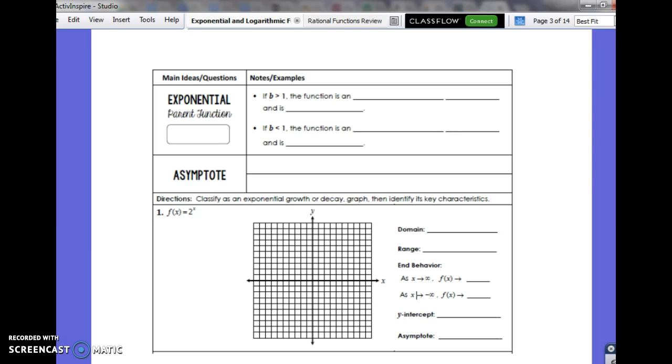Okay, so exponential functions. The parent function that we're going to use is y equals a times b to the x power. Okay. So when you deal with exponential functions, x is in your exponent. B is your base, and then we'll talk about what a does in just a little bit. So if b, your base, is greater than 1, the function is an exponential growth.